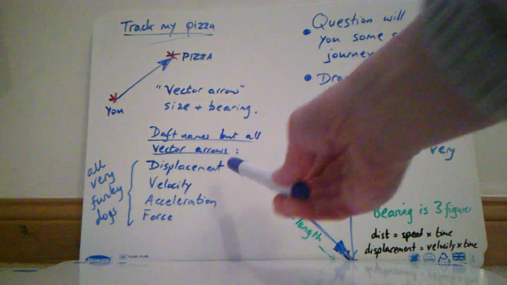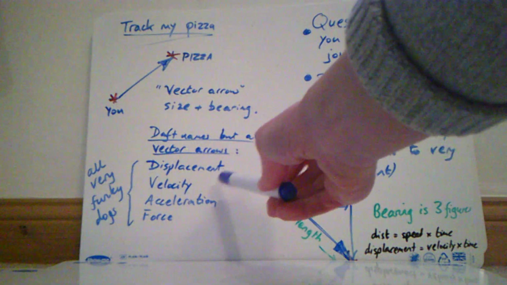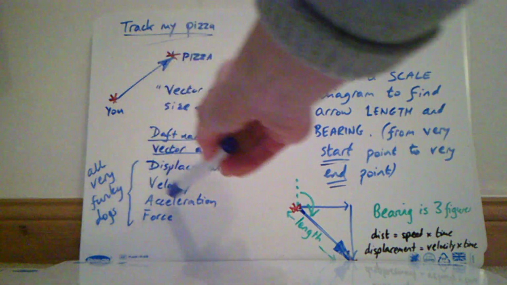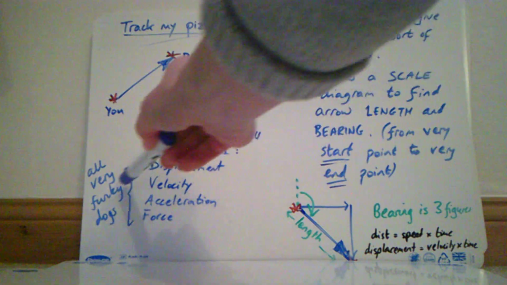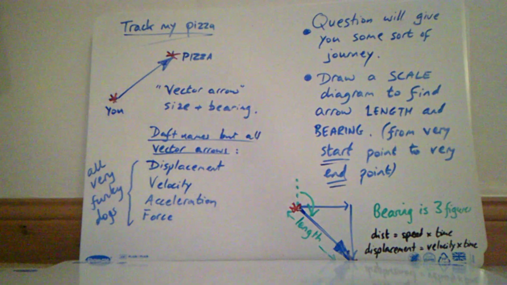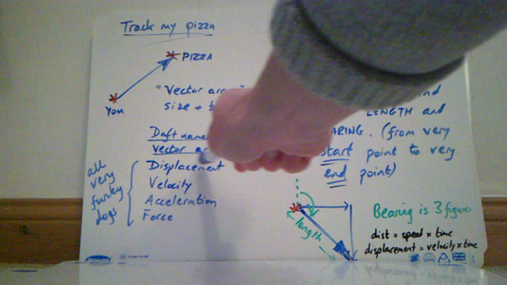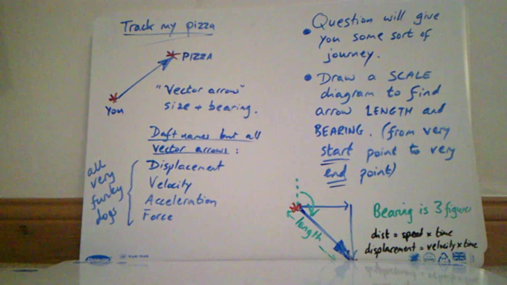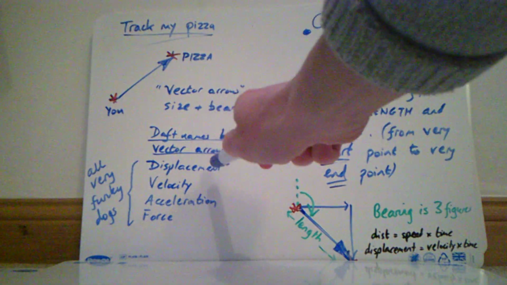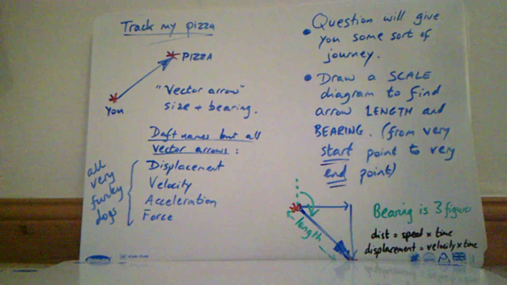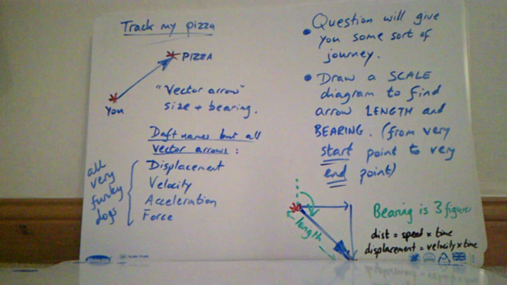You do have to remember what these words are, so all very funky dogs. A stands for acceleration, V stands for velocity, F stands for force, which includes weight, and D stands for, and dog stands for displacement. So displacement means the distance with the direction, velocity means speed with the direction, acceleration and force we've met before.